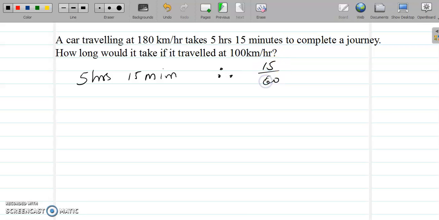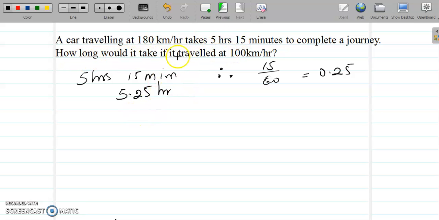I want to convert it to hours so that I can add it here to enable me to solve my problem. So if I convert to hour, add it here, I will have 0.25. That means here I will have 5.25 hours.